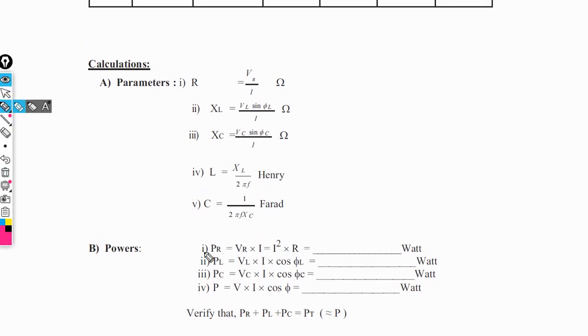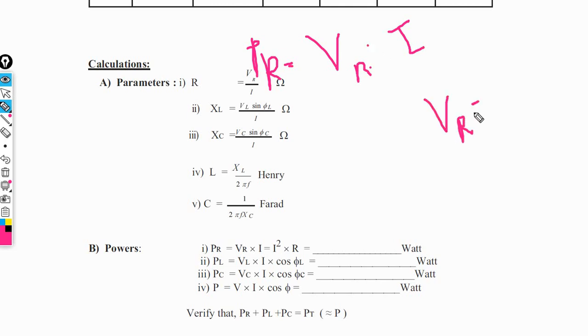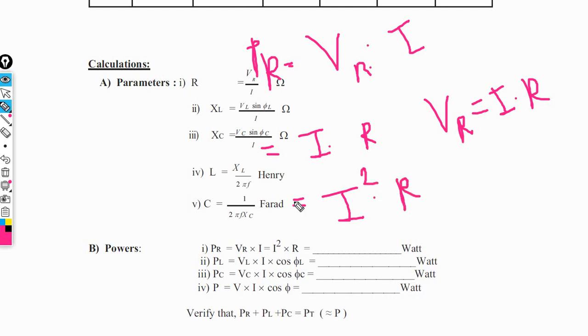First, the formula for power across resistance: PR is equal to VR into I. Then VR, the voltage across resistance, is equal to I into R. Then I into R gives I square into R, which is the power across resistance.